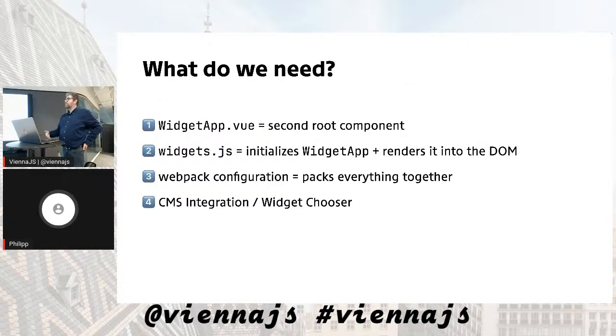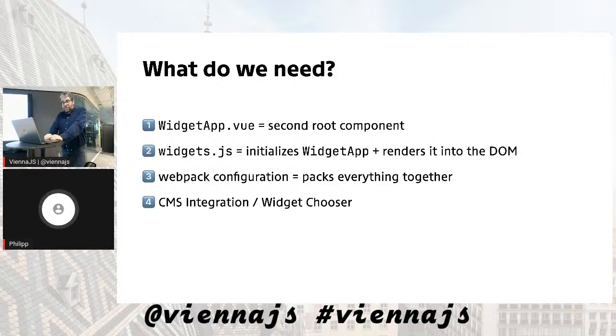So what do we need to create such a widget out of our single-page application? The first thing is we create a second root component in parallel to our standard app view. We use Vue CLI as a standard generator, so this is heavily aligned to the Vue CLI style of doing things.